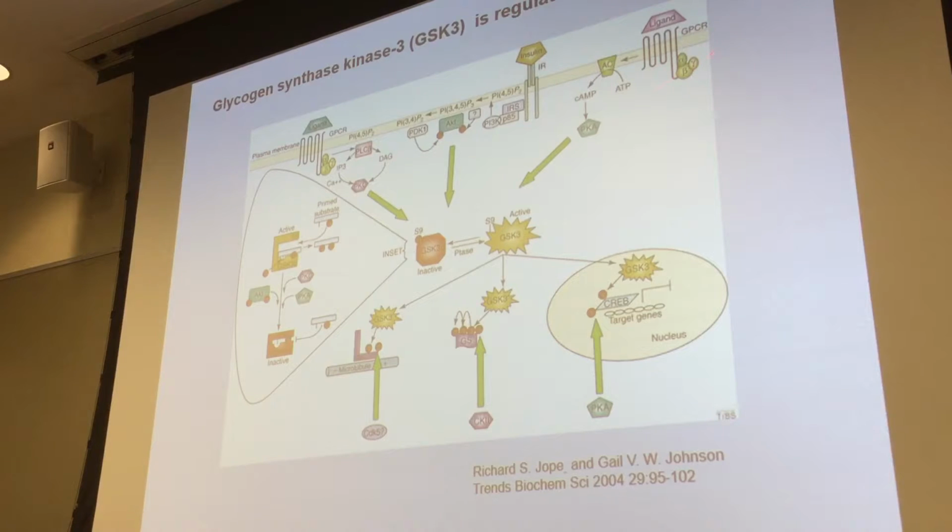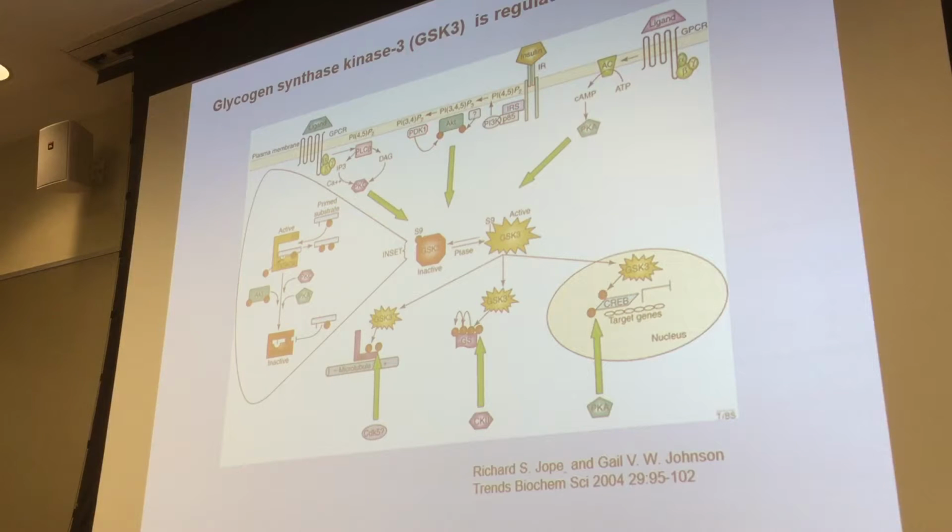Or we could be going through a PKA mechanism where our cyclic AMP is being produced by a GS coupled receptor, and that PKA could inactivate our kinase.